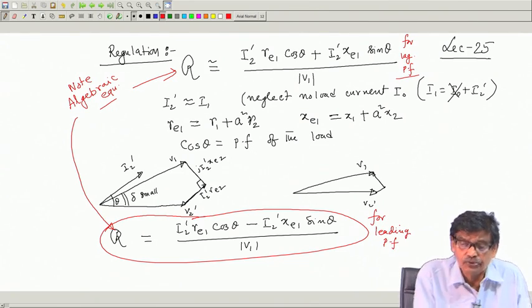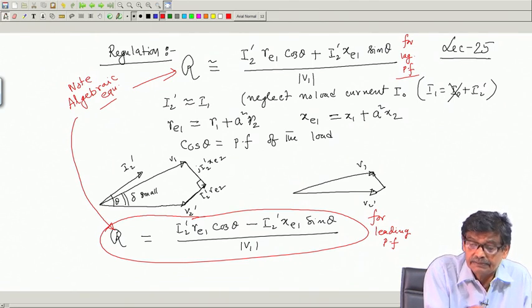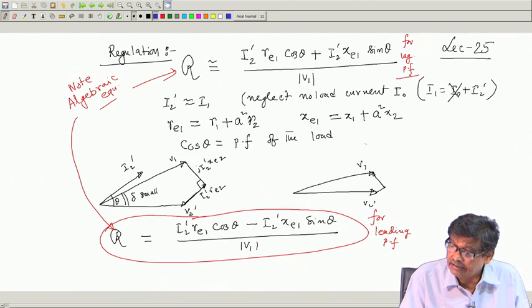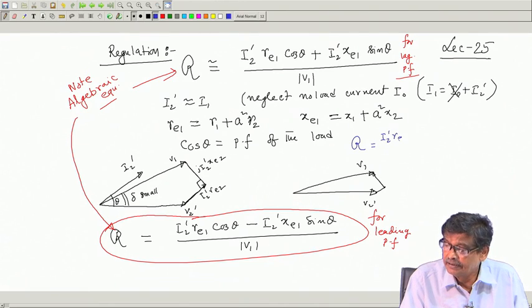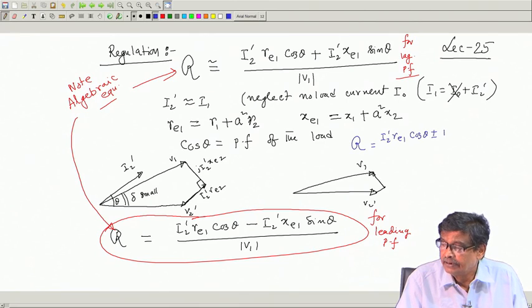Combining these two, you can say that regulation is the same thing I am writing: I2 dashed Re1 cos theta plus or minus I2 dashed Xe1 sin theta, divided by magnitude of V1.